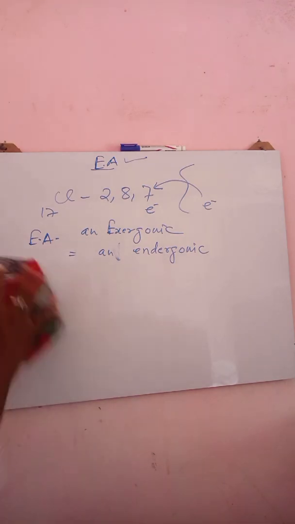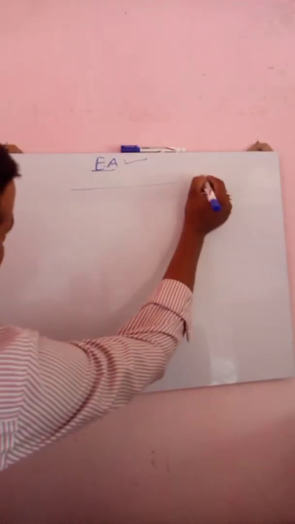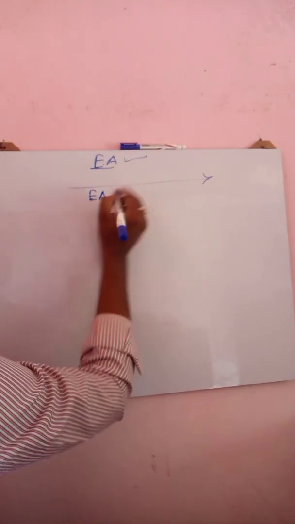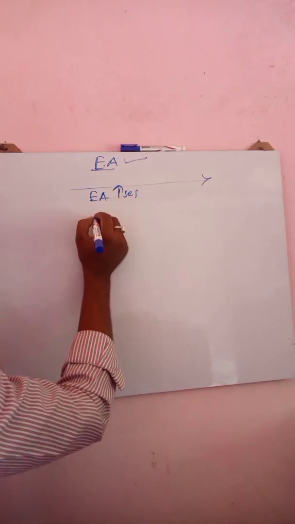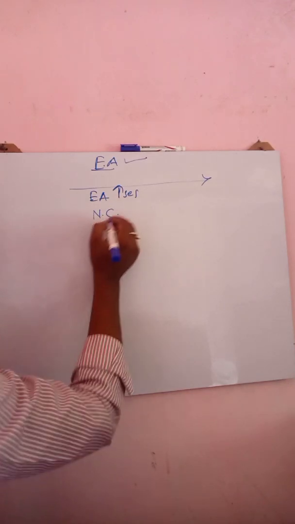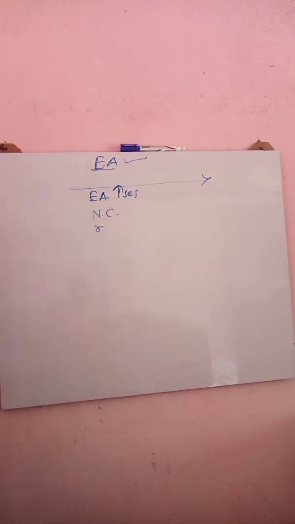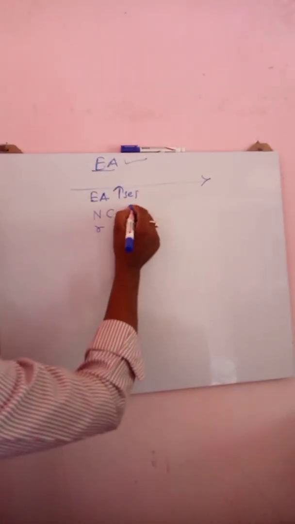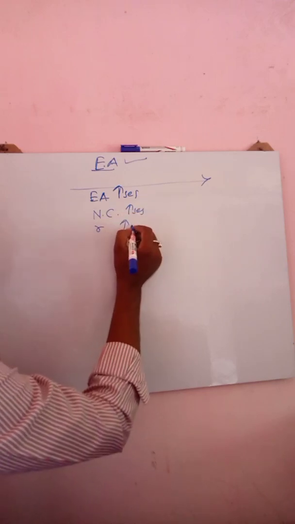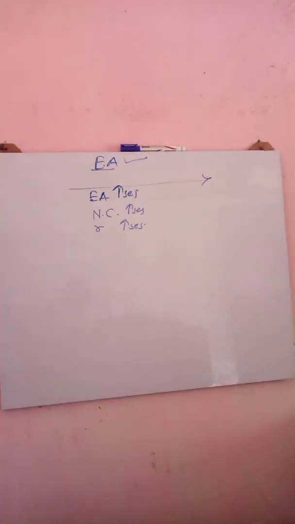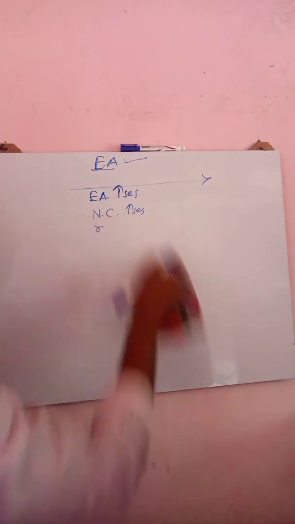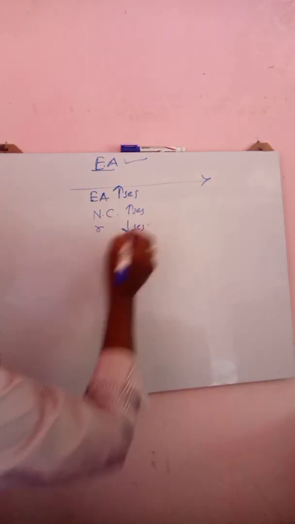Clear? If we talk about the trend of electron affinity, when we move left to right in a period, electron affinity increases. Why does electron affinity increase? Always remember, electron affinity is dependent on nuclear charge and atomic size R. When we move left to right, nuclear charge increases along with a decrease in the atomic size.